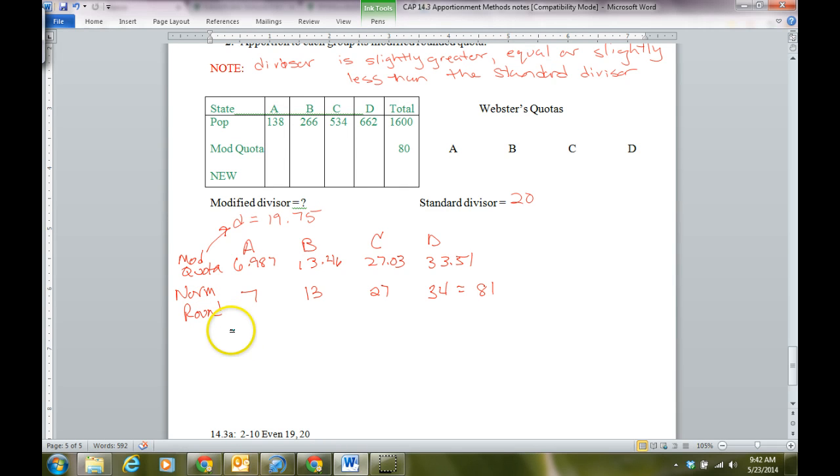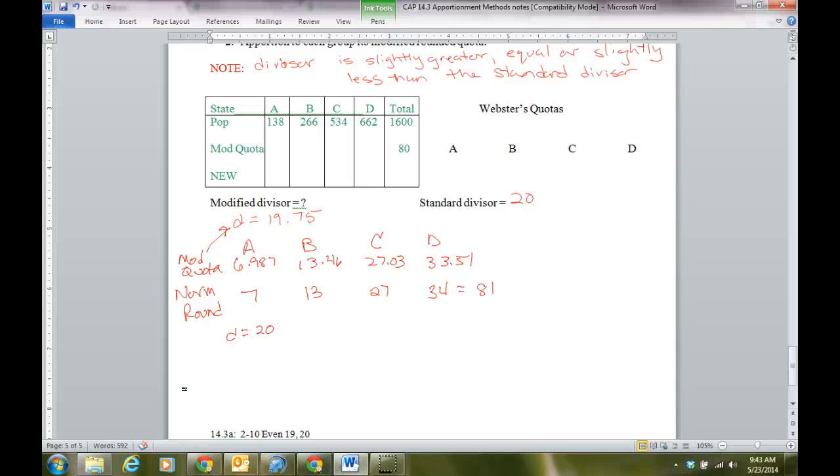So let's just try plain old 20. Normal rounding: if it's a 0.5 or greater, you round up. If it's less than 0.5, you round down. It's what we've always counted as rounding. Jefferson method rounds down no matter what. Adams method rounds up no matter what.